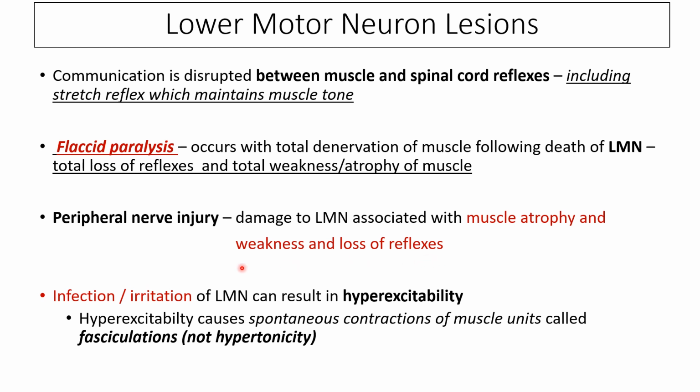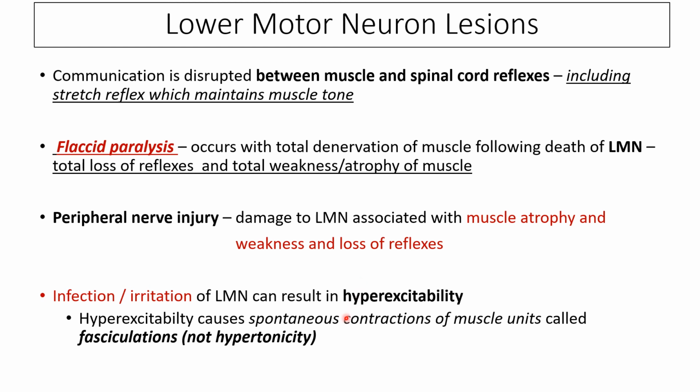We'll make a point here. What you can also see with lower motor neuron lesions, if there is something that's irritating the lower motor neuron, the motor efferent in that spinal nerve, if there's a compression, infection, something that's irritating the nerve, it can create a state where the nerve is in a hyperexcitable state, which means that it's more easily irritated to fire or stimulated to fire.